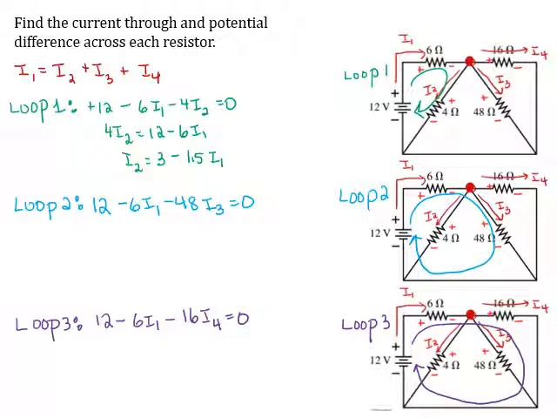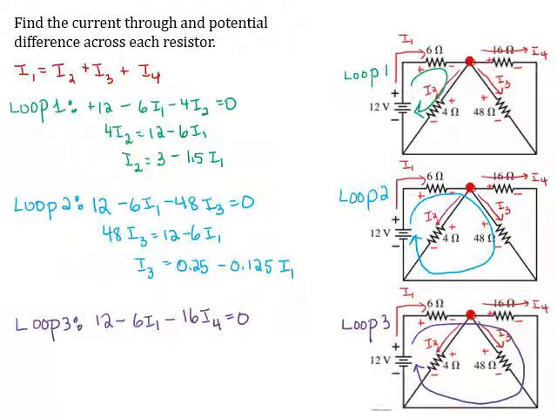Okay, loop 2 is next. I've got 48I3 equals 12 minus 6I1. So I3 is 12 over 48, and that's 0.25, minus 6 over 48, 0.125, times I1.